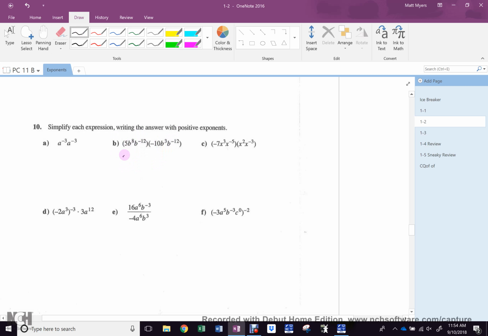Simplify in here first. 5, 8 to the and negative 12 is b to the negative 4. And then negative 10, b to the negative 9. So that's negative 50. Negative 4 plus negative 9 is b to the negative 13th. That's not allowed, so it's negative 50 over b to the 13th.